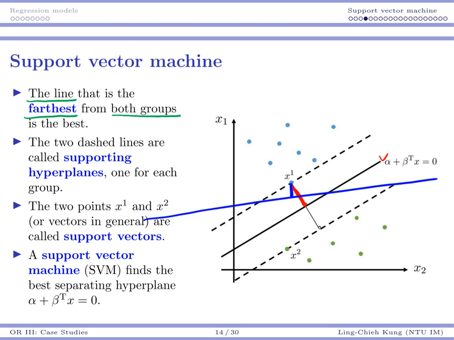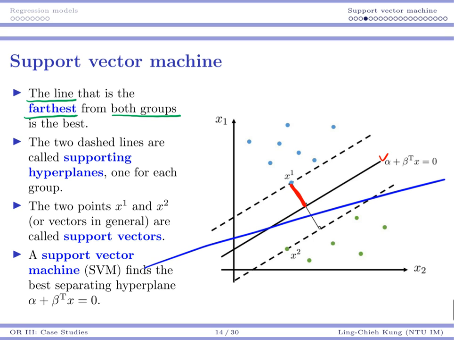So this blue proposal is not very good. Or how about this? I'm going to draw another line like this one. Then again, even though this line is far from the blue group, it's too close to the green one, so it's also not good. So that's the idea of choosing the separating hyperplane. Try to make it as far as possible from all those points.